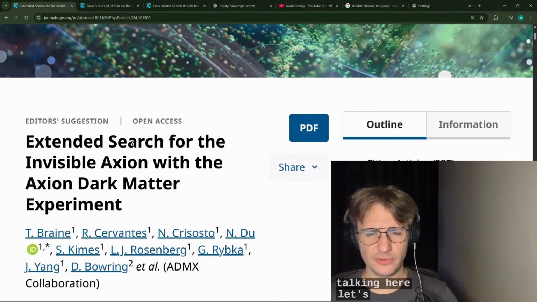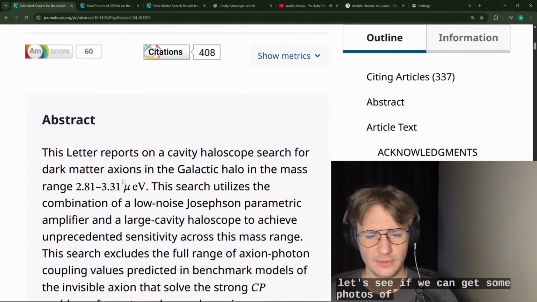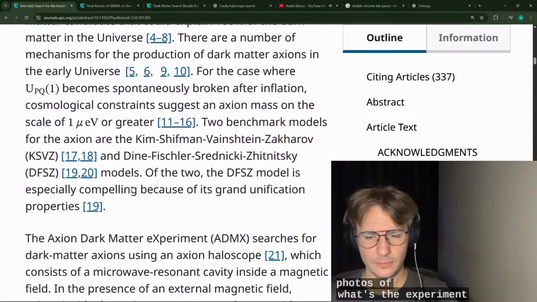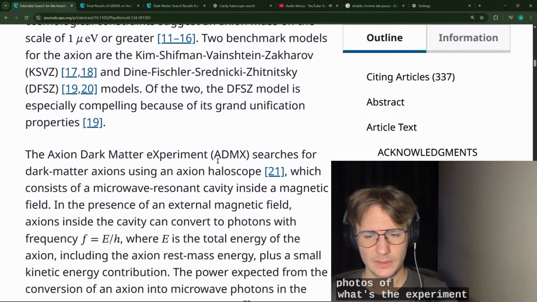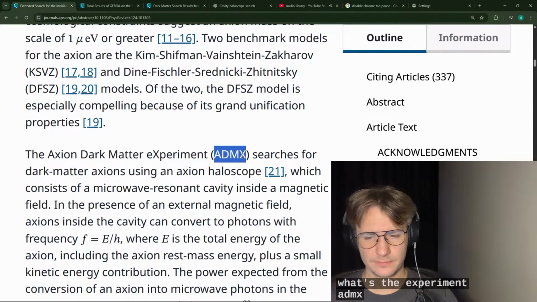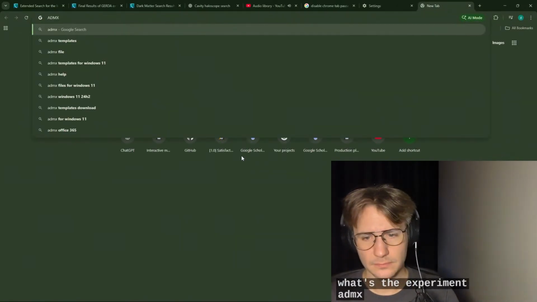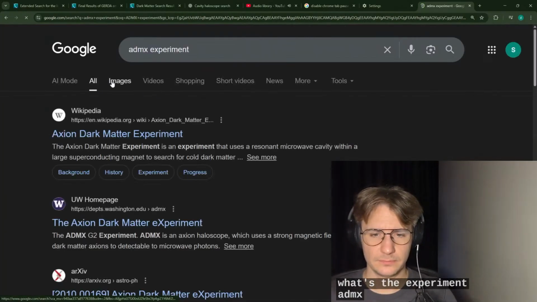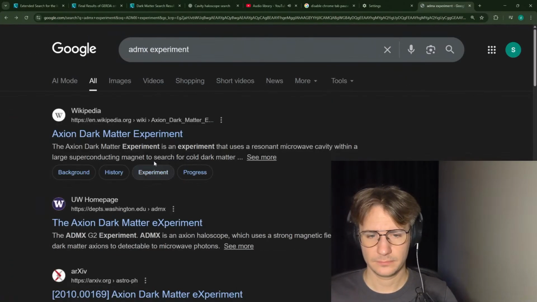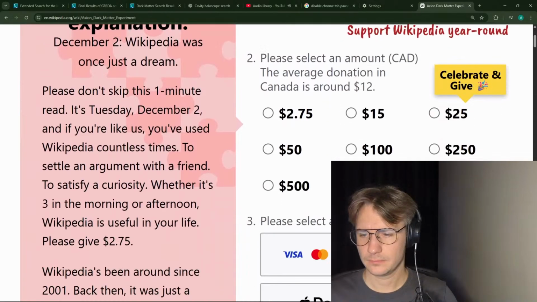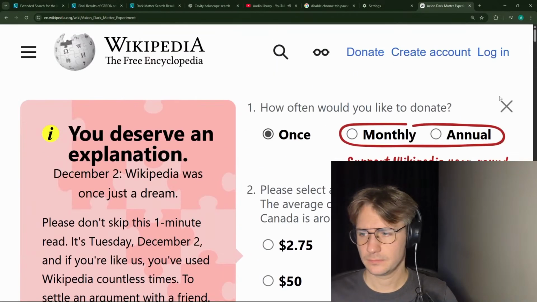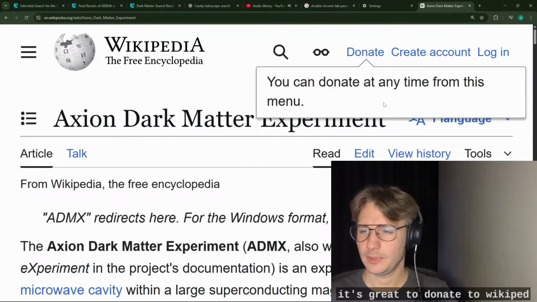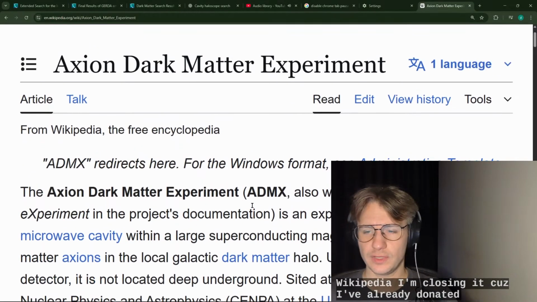Let's see if we can get some photos of the experiment. ADMX.